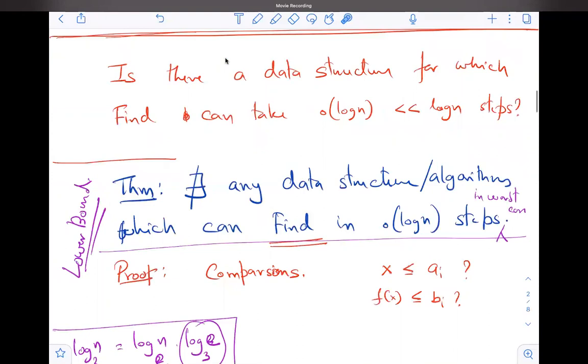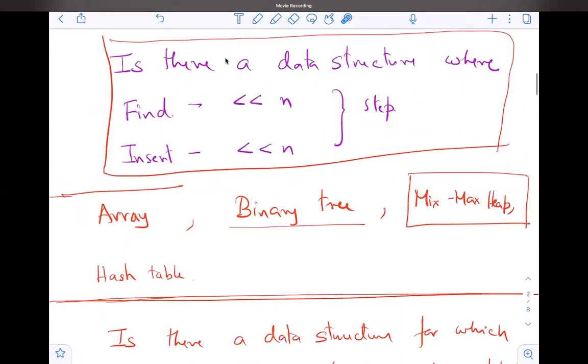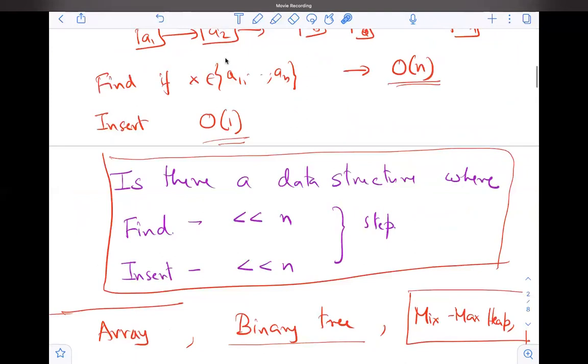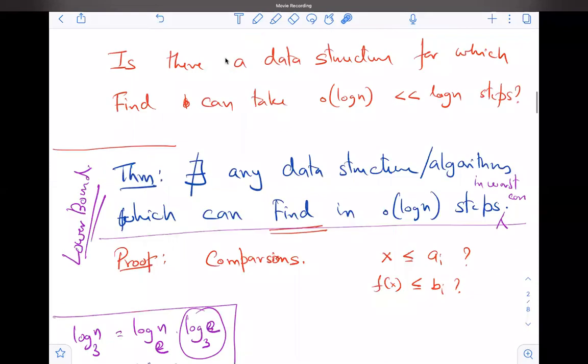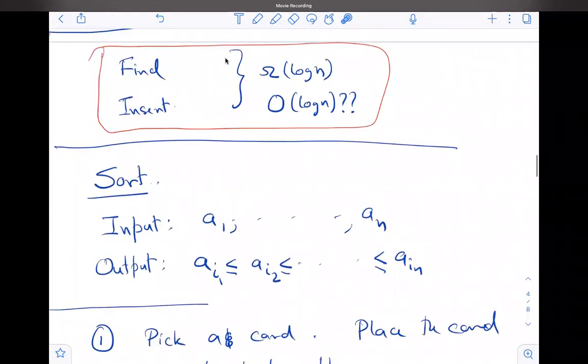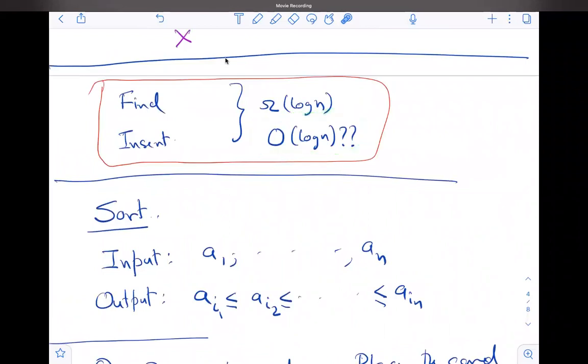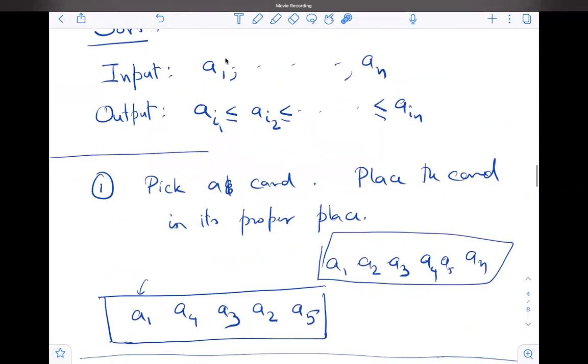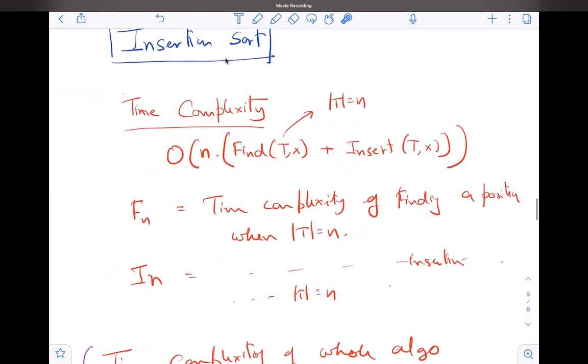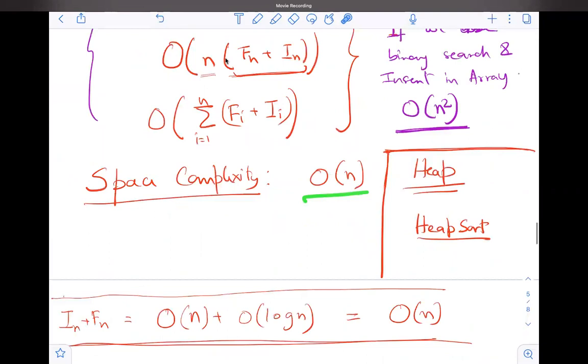I forgot. Insertion takes big O of log n. So whether you can do this in order log n. Also there is one on space: can we improve the space complexity of insertion, can we improve the space complexity beyond O of n? Excellent. Yes, these are the three questions.